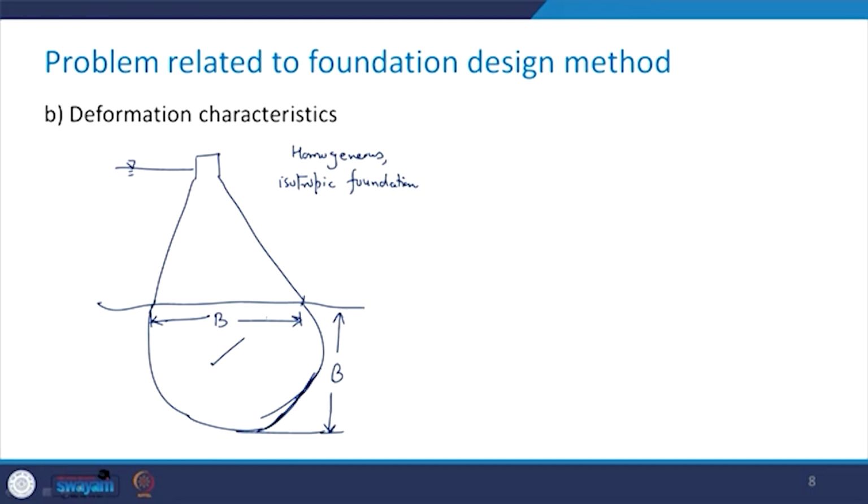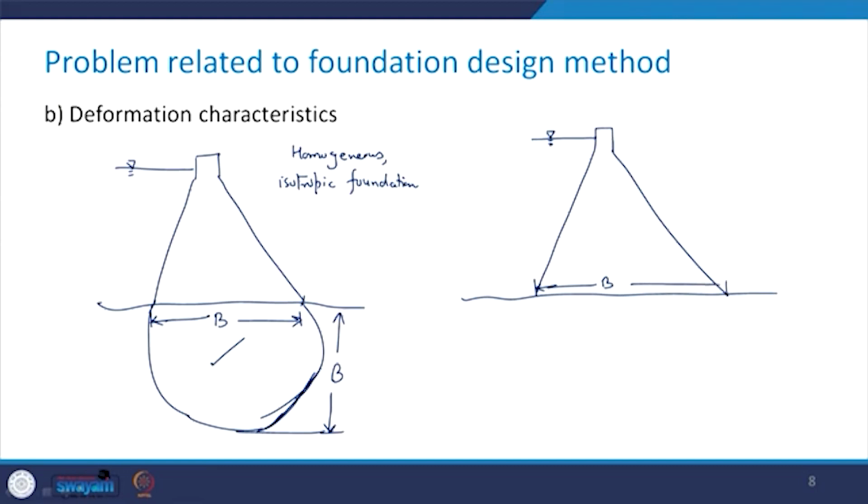Now, let us see what will happen if you have a heterogeneous or anisotropic kind of foundation. Again I will try to draw a cross section. Again here the base width is say B, and in this case you have this type of situation.